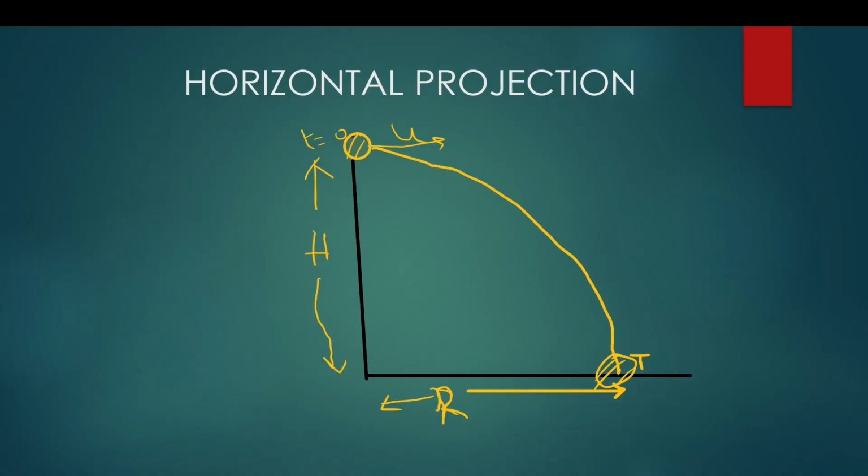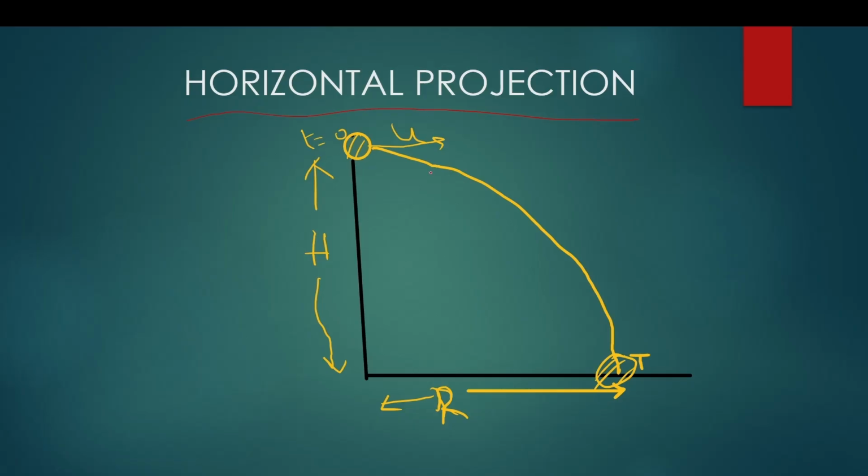So this is the last part of the kinematics. It's horizontal projection. Now suppose a body is thrown from a height h above the ground, with the velocity of u at time equal to 0.